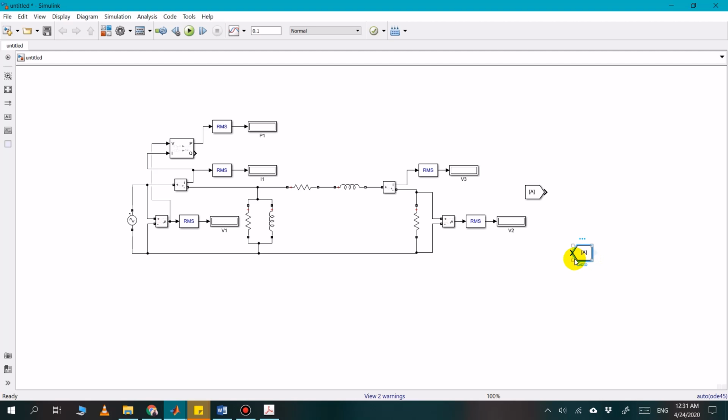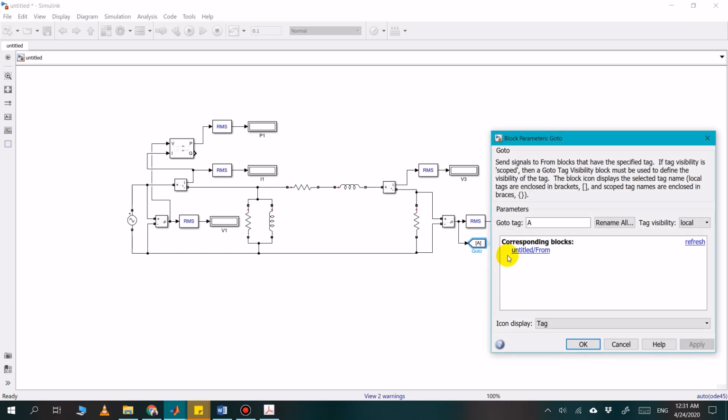This is the go-to block. Let's add this go-to block to this secondary voltage. This is V2.